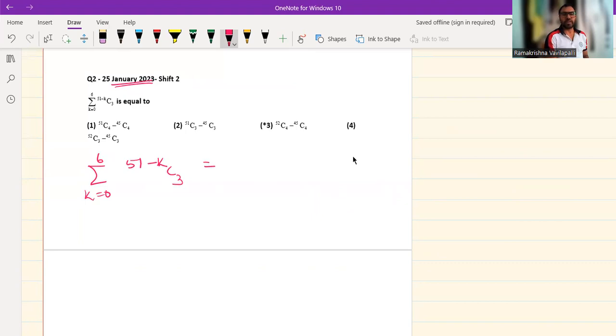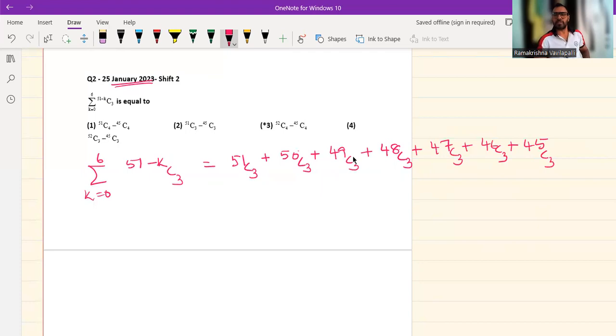Substitute k equal to 0, you will get 51C3, plus put k equal to 1, you will get 50C3, next 49C3, plus 48C3, plus 47C3, plus 46C3. So there are 7 terms, and one more term is 45C3.